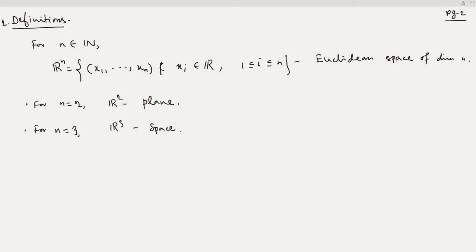Pictorially, this is the coordinate system for R3. This is the x-axis, this is the y-axis, and this is the z-axis. And you know this is the x-axis and this is the y-axis, the coordinate system for R2.